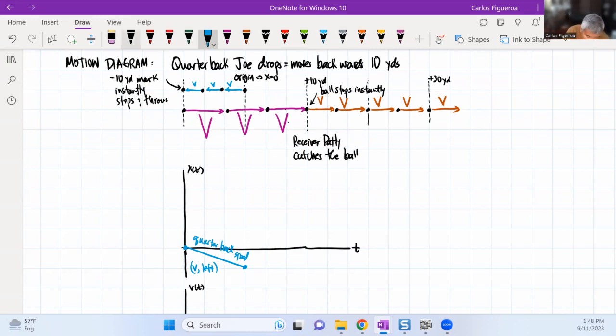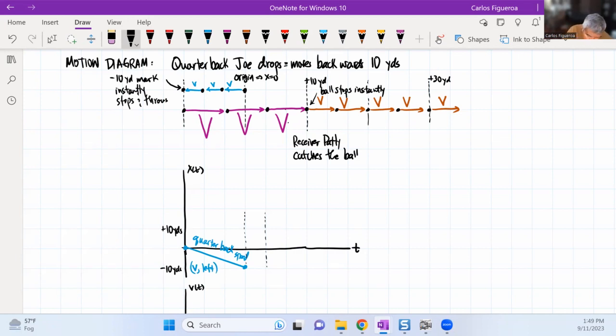Now the ball is thrown. And for a short time, this ball moves very fast. So if this is minus 10 yards right here, this has to be plus 10 yards.